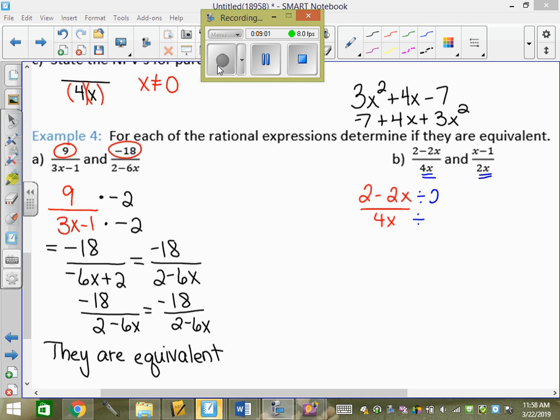Could I have multiplied the other one? Yes, I'm just showing that you could do it to either. So 2 divided by 2 is 1. Negative 2x divided by 2 is negative x, over 2x. So I have negative x, positive 1, negative 1, but these don't match. Not equivalent.